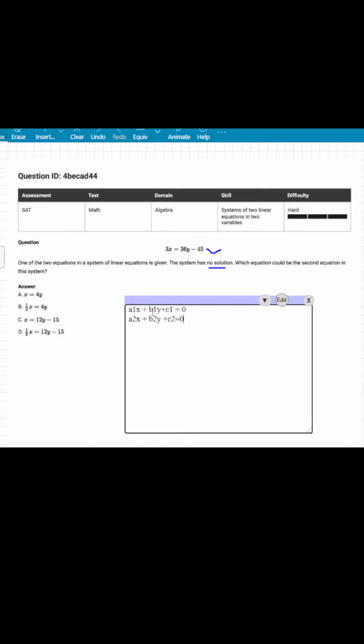This x and y are the variables, and the coefficients are a1, b1, c1 and a2, b2, c2. So this is the general format of a system of two linear equations in two variables.